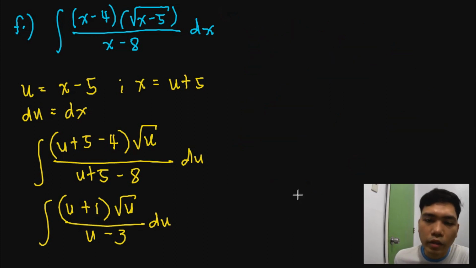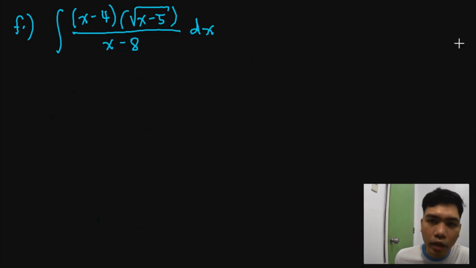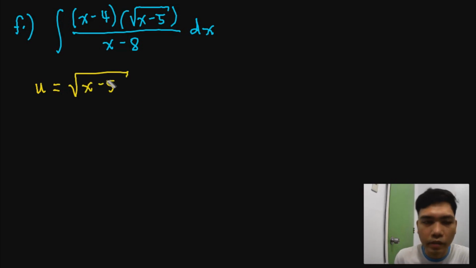And I want to tell you that if the integrand is composed of a rational expression wherein each of the parts has the same degree, then the easiest one to let u would be the whole radical expression. So u is equal to the square root of x minus 5, and you'll see later why it is the best choice.